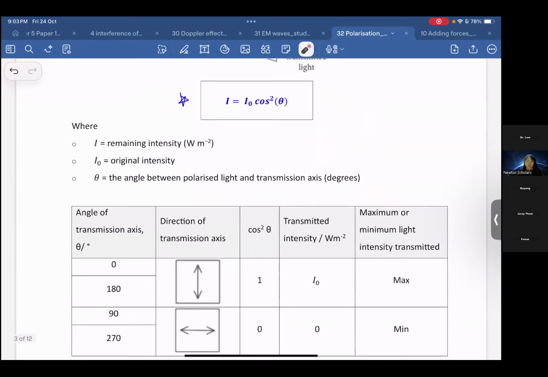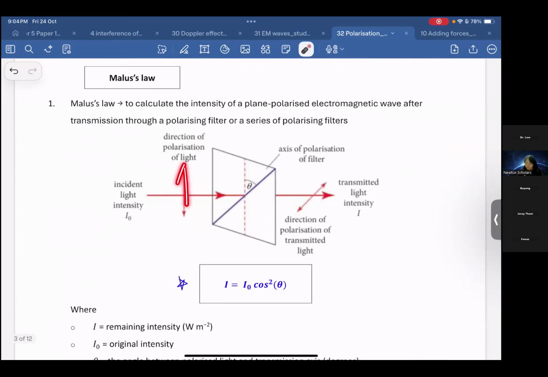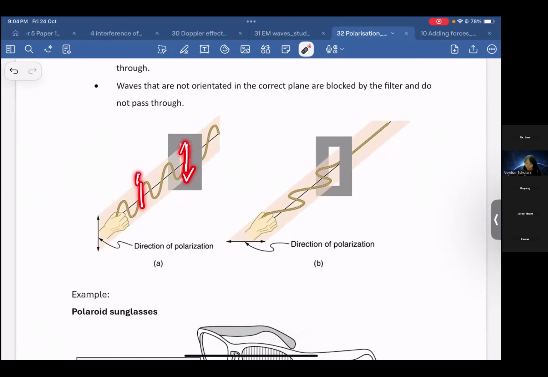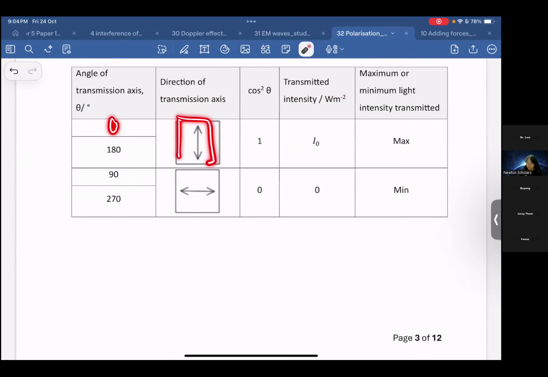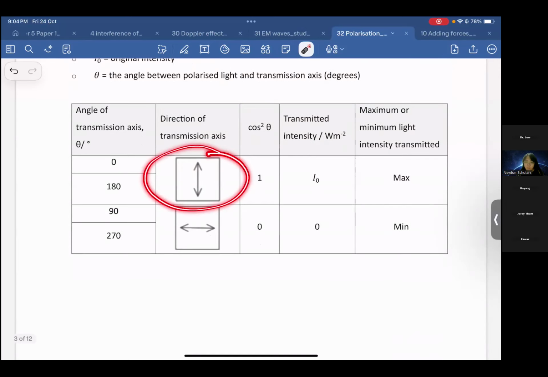So we use cos squared theta. Let's say this is the same direction as your wave direction. That means at 0 degrees, you have not rotated. After you rotate 180 degrees, you also show this pattern. So at 0 and 180 degrees, your cos squared theta is 1.